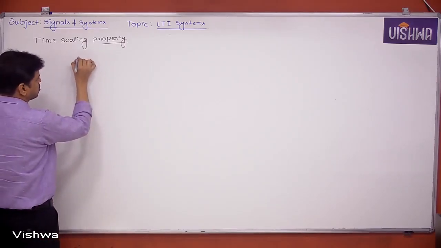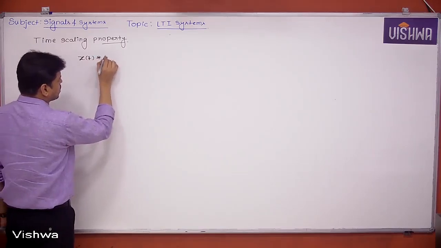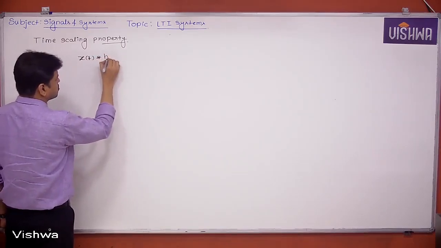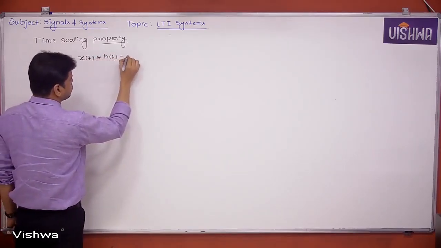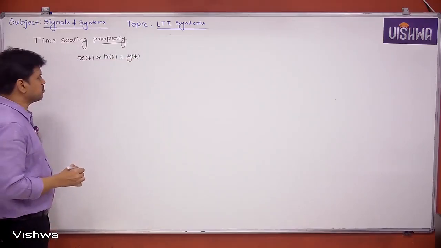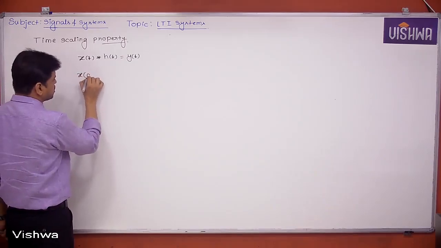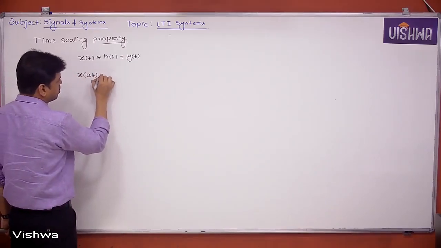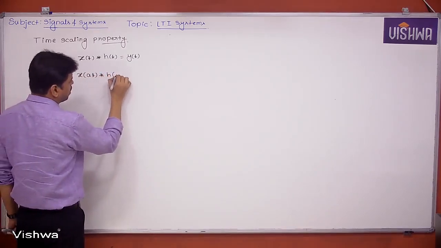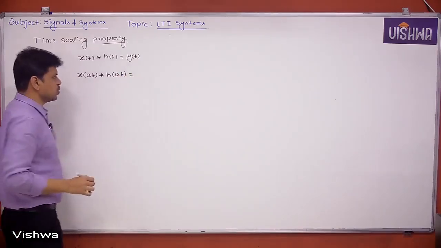Suppose x of t convolution with h of t is equal to y of t. What if I do the time scaling for x of t, that means x of at, convolution with time scaling of h of t, that is h of at? What is the result it is going to give?